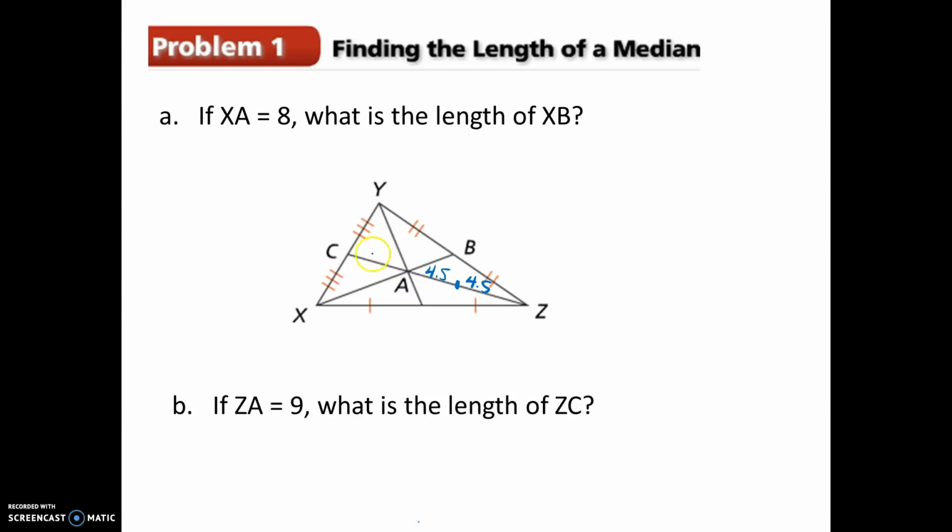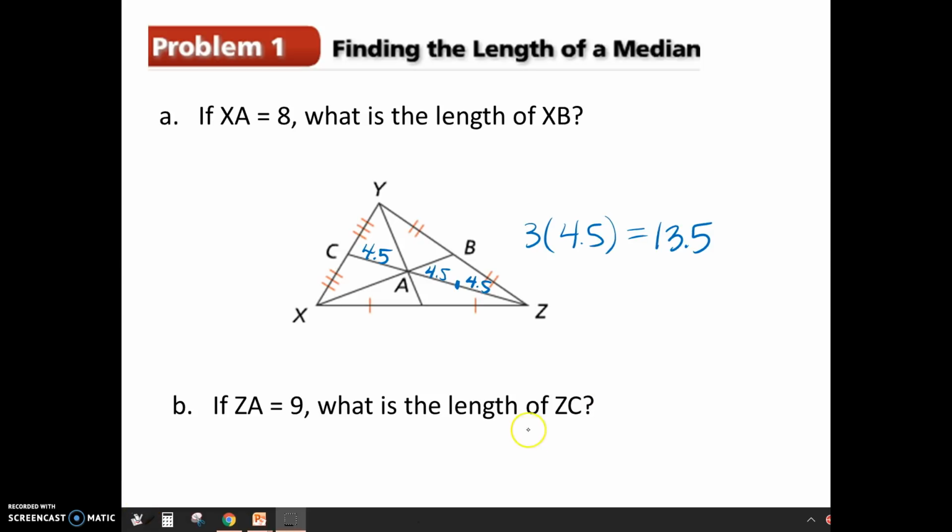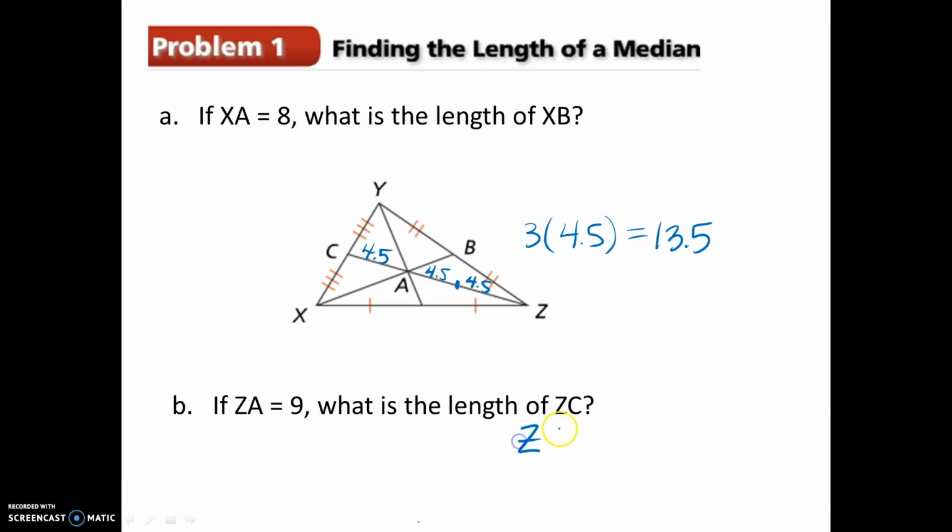And then I have my third would also be 4.5. So if I add all of those up, 4.5 plus 4.5 plus another 4.5, I'm going to get 13.5. So the length of ZC is 13.5.